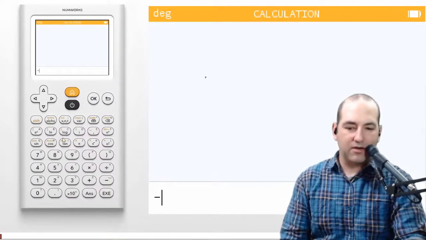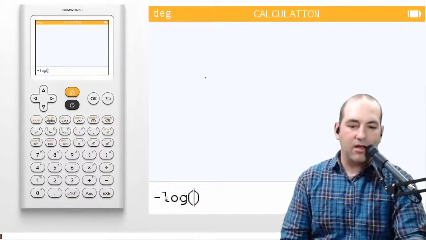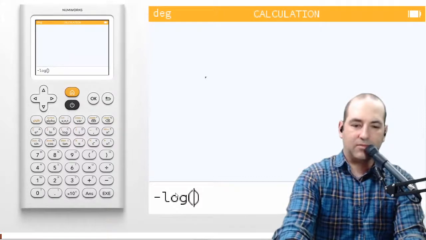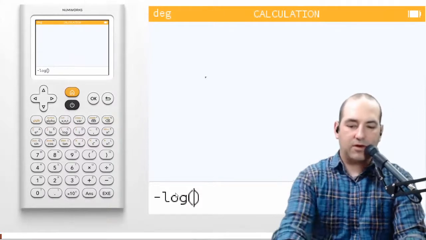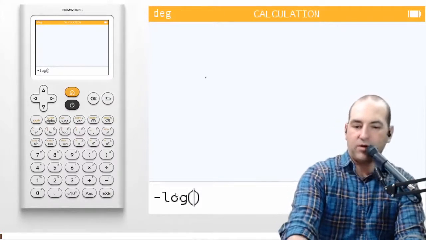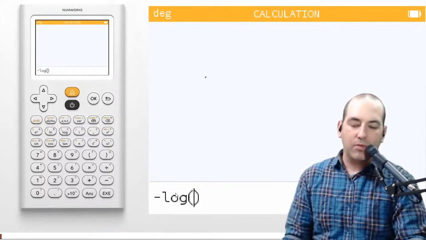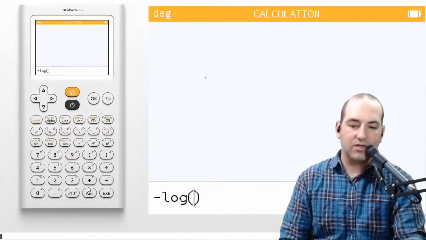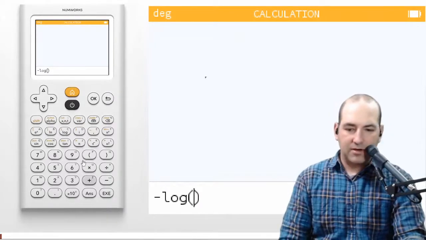So I'm going to go negative log, and then I'm going to put my number inside the parentheses. So in this case, my number was 1.2 times 10 to the minus 3. Now, most of these calculators, including the TI ones, have a shortcut for scientific notation. So here, I believe it's over here.